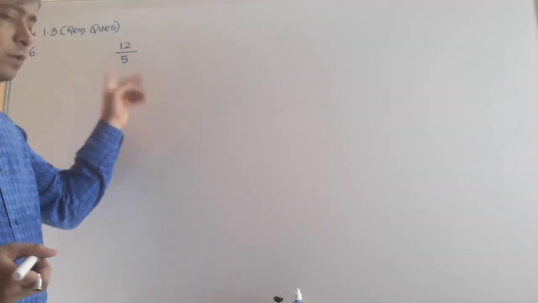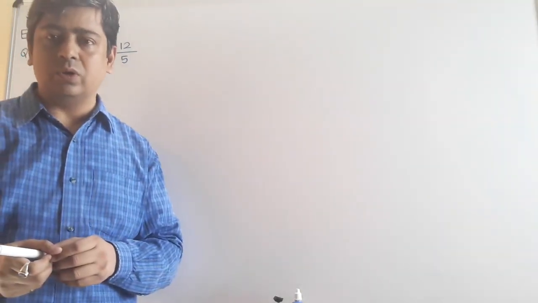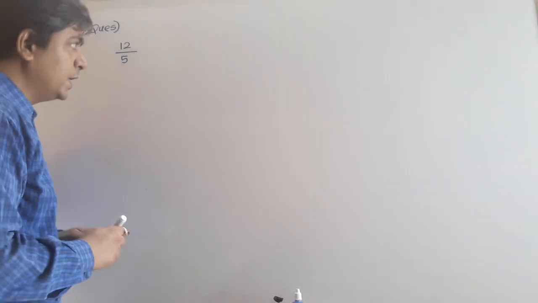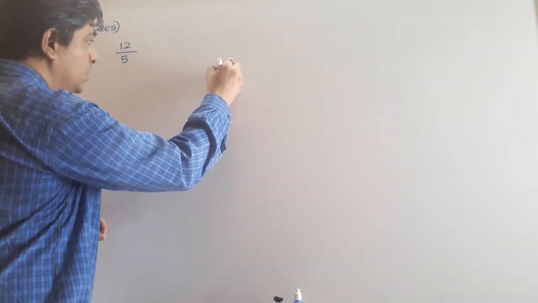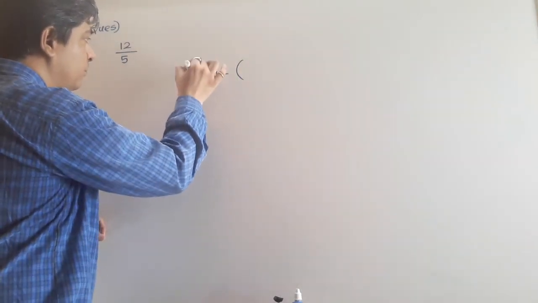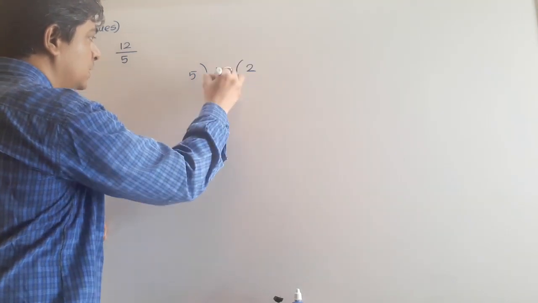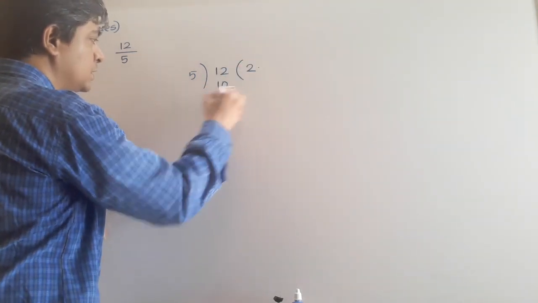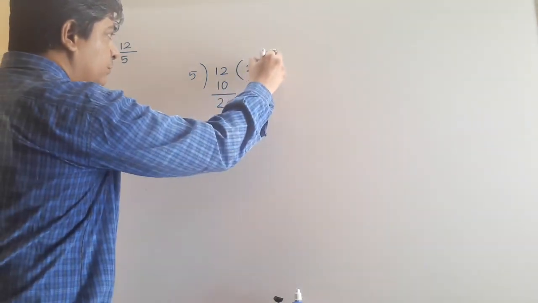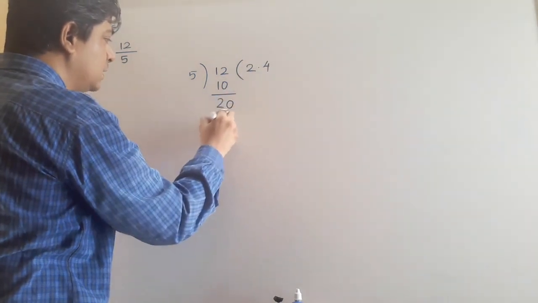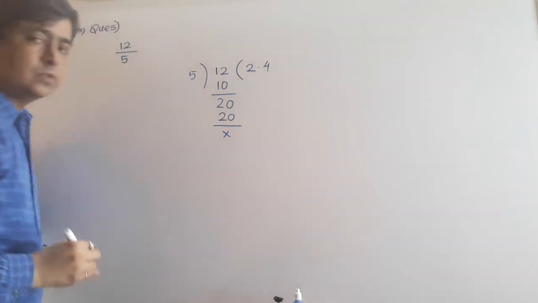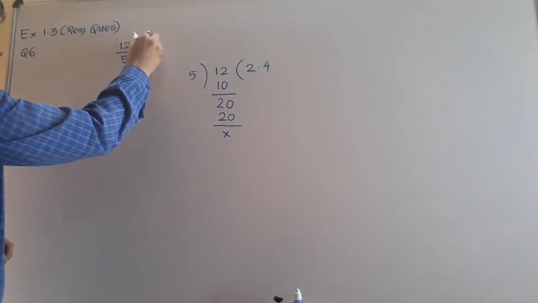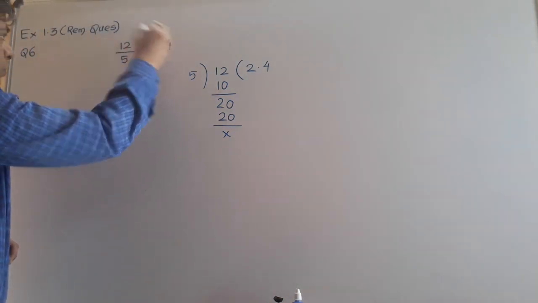Now we need to find out whether it is a terminating decimal or not. In rough, if I divide 12 by 5, 5 twos are 10, remaining is 2. I put a point, then 0 will come. 5 fours are 20, then the remainder comes to 0. So the answer is 2.4.